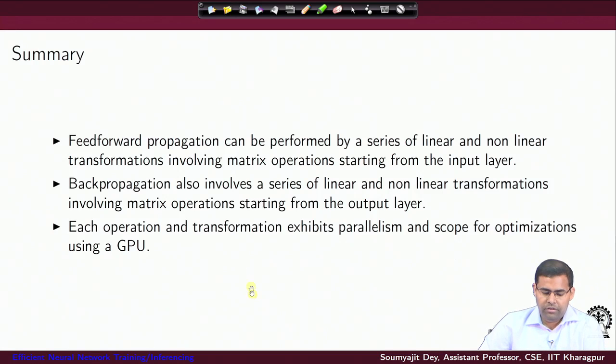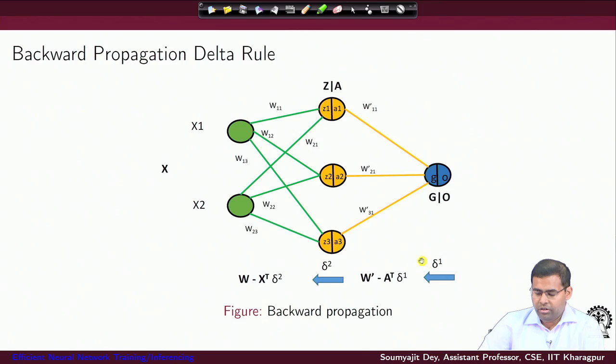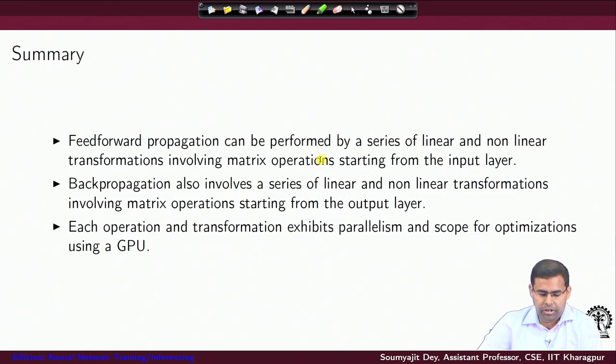So, as a summary, what we are really doing is recomputing the values of W and W prime and propagating that backwards through the neural network, and again doing the forward pass, that is computing the entire classification output using these new values of W and W prime.